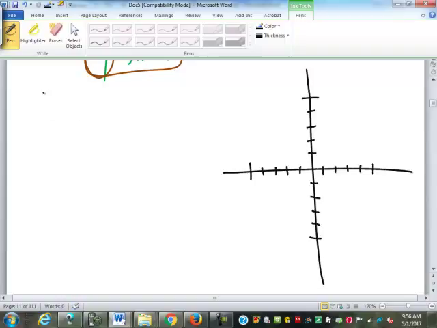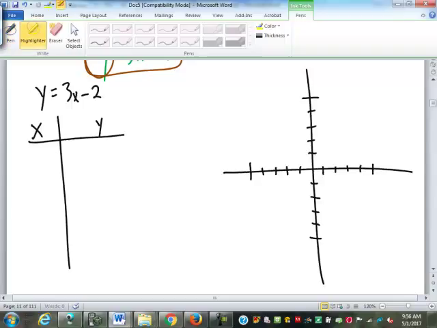To do that, what I do is make a table. So y equals 3x minus 2. Now, rather than picking values for y and figuring out what x has to be, like I did in these last couple of examples, it's usually simpler to pick values of x and figure out what y has to be. Now, what I'm doing is I'm going to pick values of x that are spread out across the x-axis here.